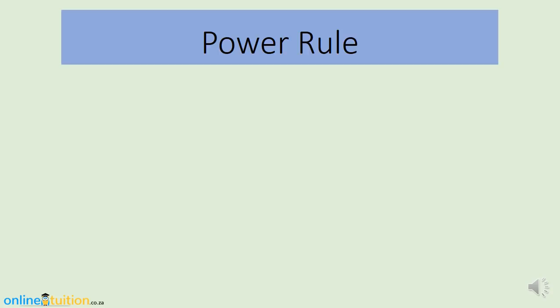With the power rule when it comes to differential calculus, how do we reverse the process? Well, recall for differential calculus, we said that d dx of, say, I'll give you an example, x cubed, is 3x squared.